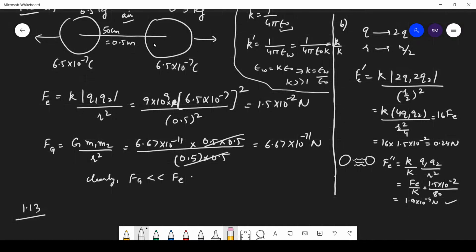A third sphere of the same size but uncharged is brought in contact with the first and then brought in contact with the second and finally removed from both. What is the new force of repulsion between A and B?